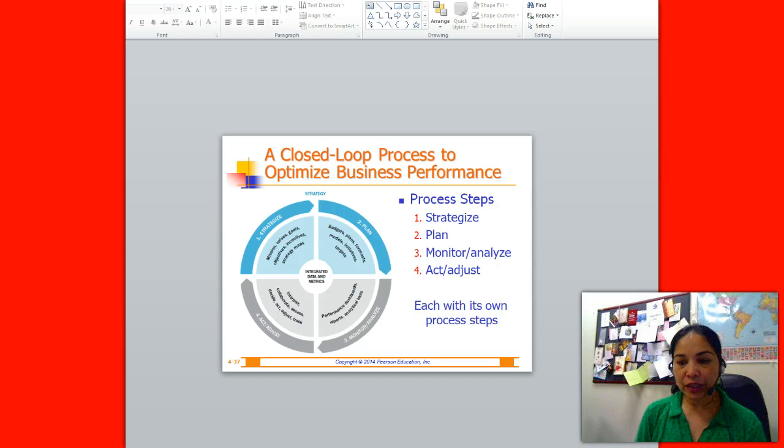Now, operational and tactical plans address the question, how do we get to the future? An organization's strategic objectives and key metrics should serve as top-down drivers for the allocation of the organization's tangible and intangible assets. Monitoring will address the question, how are we doing?